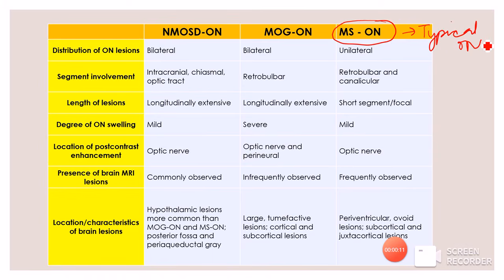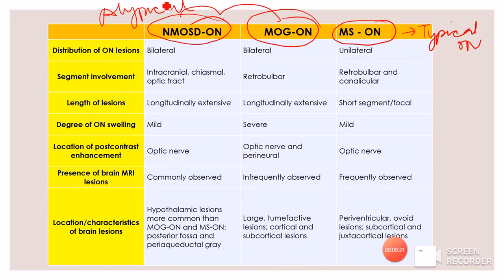And the NMOSD optic neuritis, or the neuromyelitis optica spectrum disease associated optic neuritis, and the MOG optic neuritis, that is the myelin oligodendrocyte glycoprotein antibody associated optic neuritis, these two are falling under the atypical optic neuritis, right? However, there are differences in all these three.